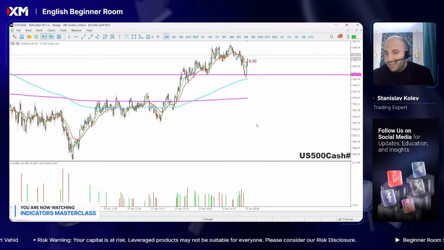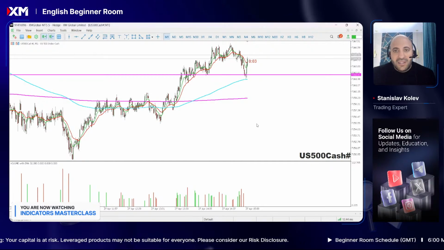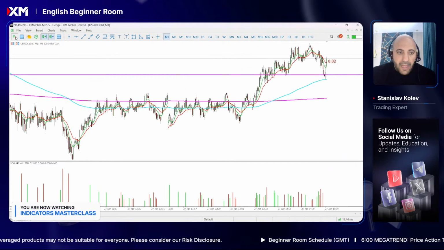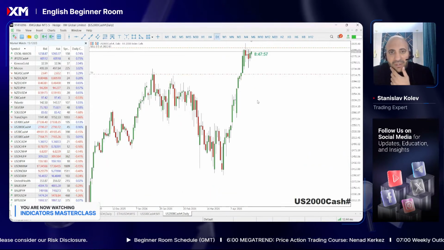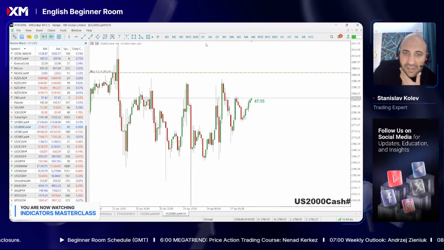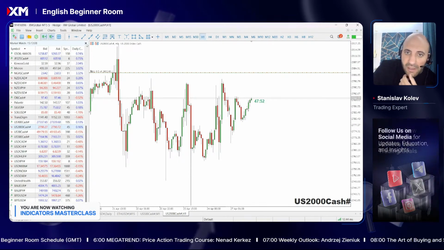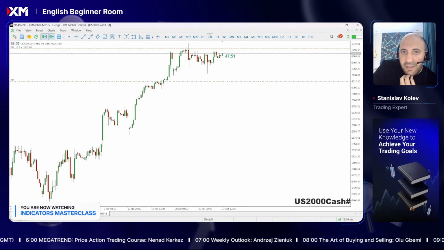I am thinking that if the market starts pricing in balance sheet reduction, we might get to see Russell 2000 underperforming compared to the other indices.